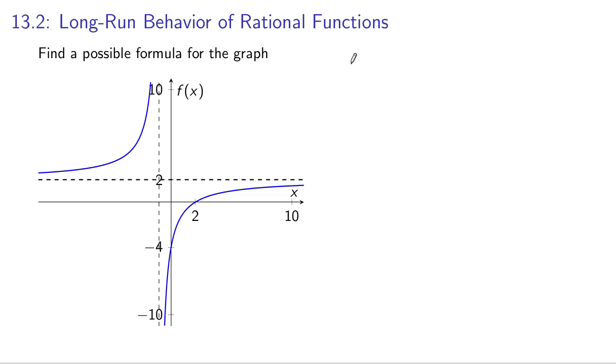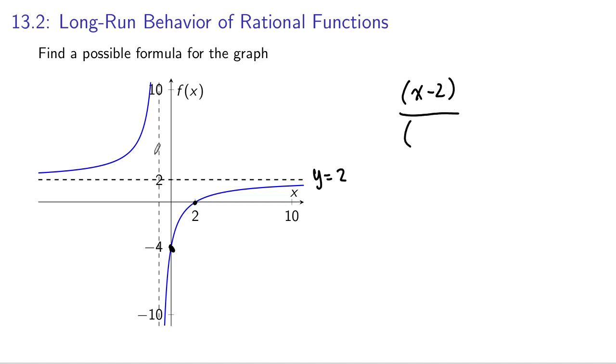Let's do another example, finding a formula from a graph. Okay, here we have a long run behavior y equals 2. So our ratio of our leading terms needs to be 2. We have a y-intercept at -4, and we have a 0 at 2. The overall shape looks kind of like a hyperbola shifted around. So we're going to have something like, in the numerator, x -2 to hit this 0.